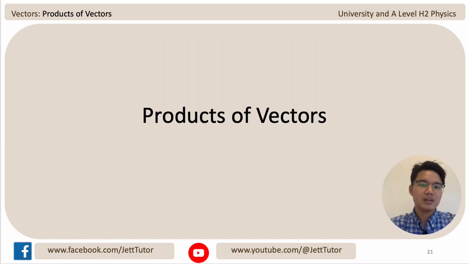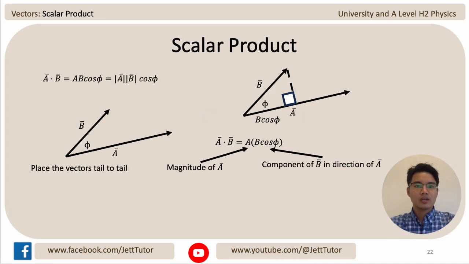Finally we are in the last part of our vectors topic, the products of vectors. There are two types of products, the scalar product and the vector product. Okay, let's go for the scalar product first. The scalar product is also often called the dot product.